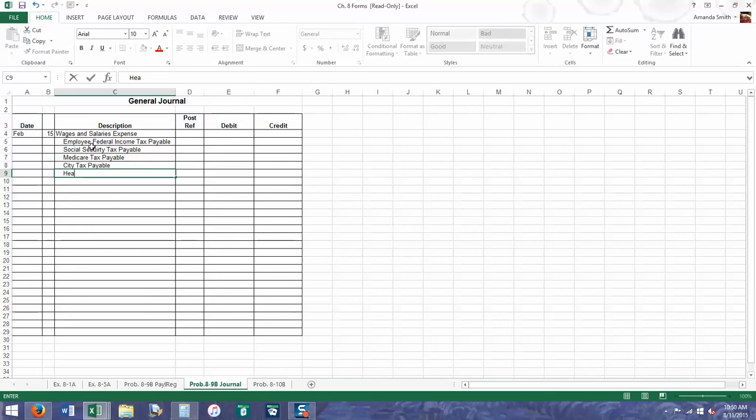Our health insurance premiums payable, our credit union payable. We're going to have the U.S. savings bonds payable. And the last one is cash.